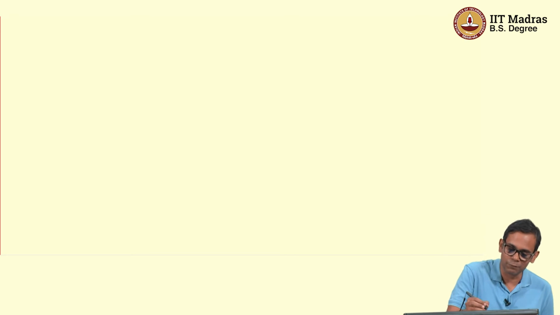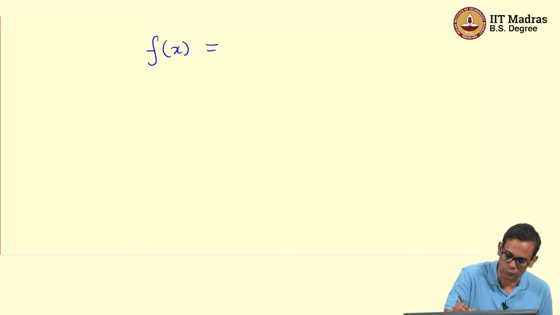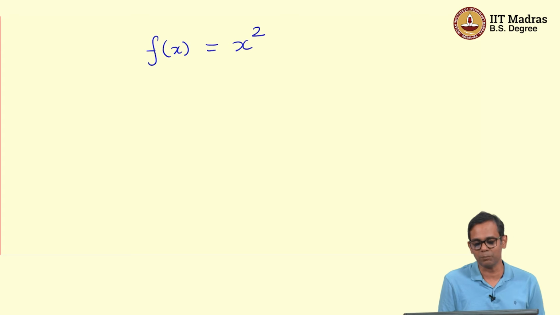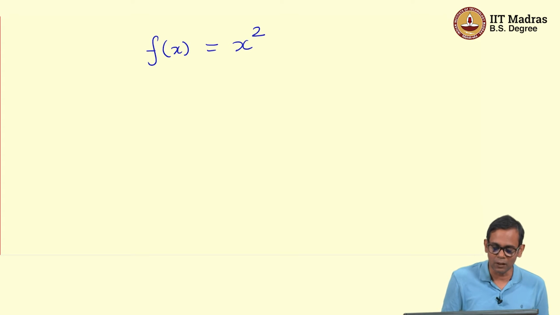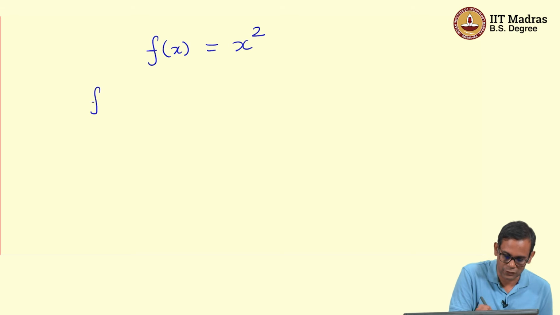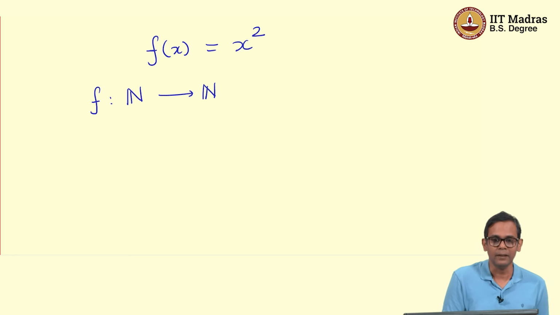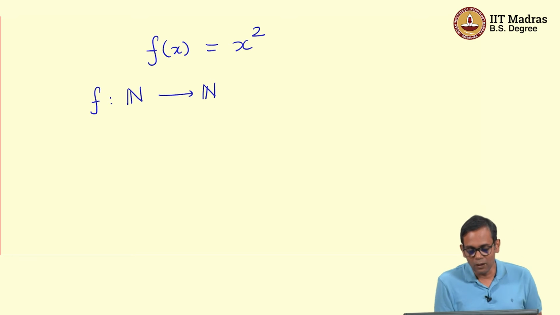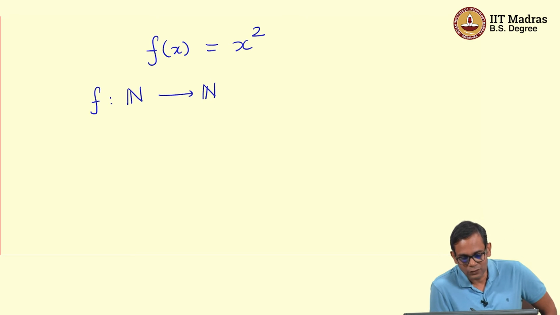Let us consider the very simple function f of x is x squared. So, this is one of those functions that is just given by a formula, it is a polynomial function. Now, firstly, let us think of it as a function from natural numbers to natural numbers. Now, let me ask you what are the possible values of this function.